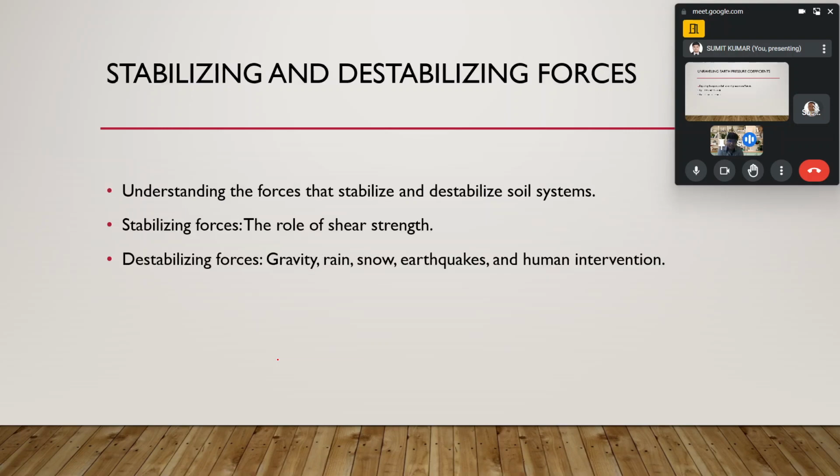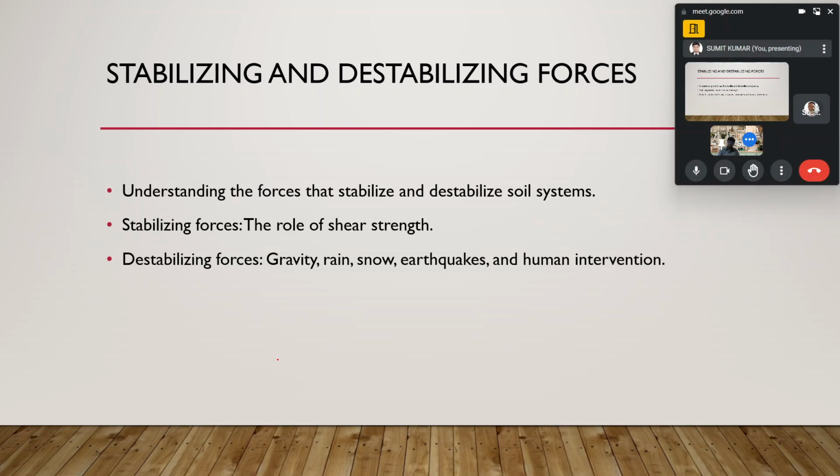Now I will go ahead with stabilizing and destabilizing forces, understanding the forces that stabilize and destabilize soil. I have talked about the active and passive states, and the coefficients of active and passive earth pressure, but I haven't explained them. You need to understand those terms, because if you only know the values and solve problems, there is no benefit.